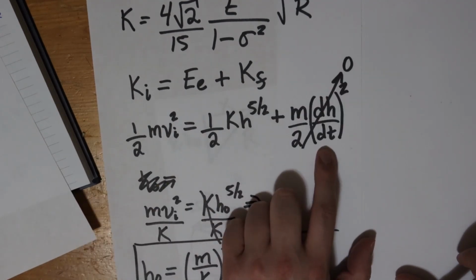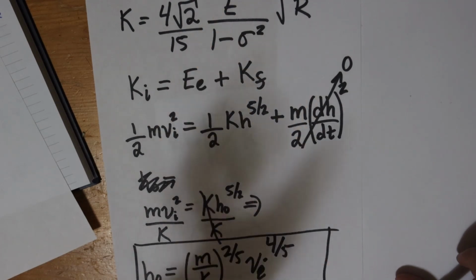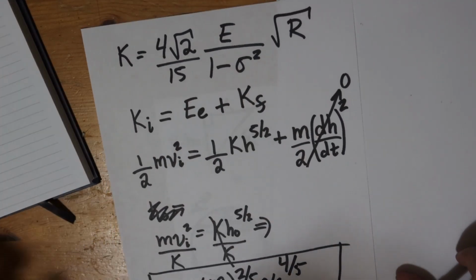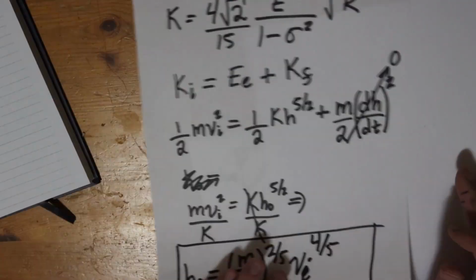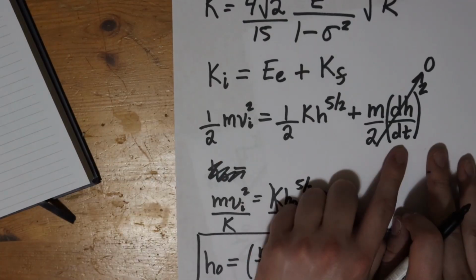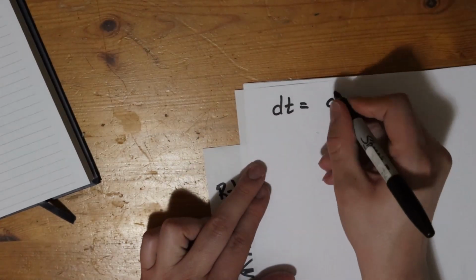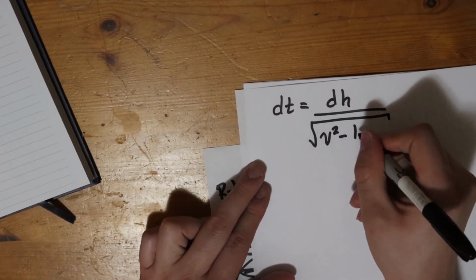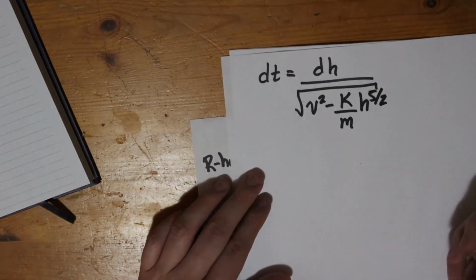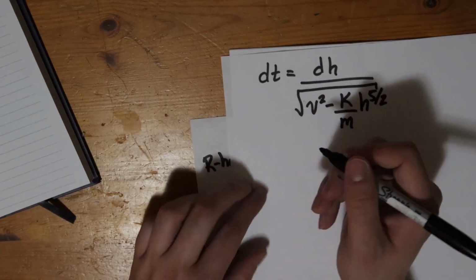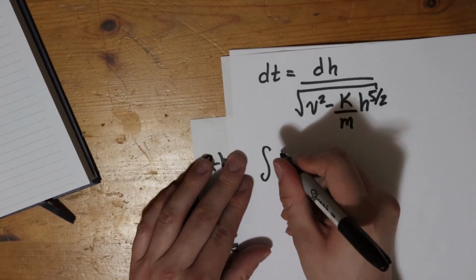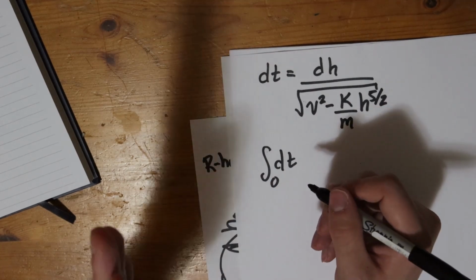And you can use the conservation of energy, this time without the last term being 0, to isolate for dt. And if you do that, if you isolate dt from the conservation of energy equation, this is what you get. You get dt equal dh over that square root term.